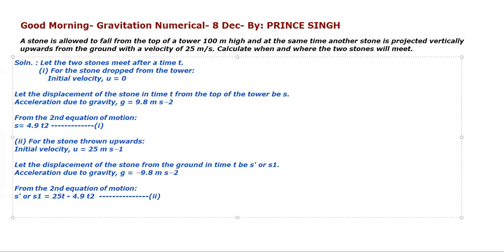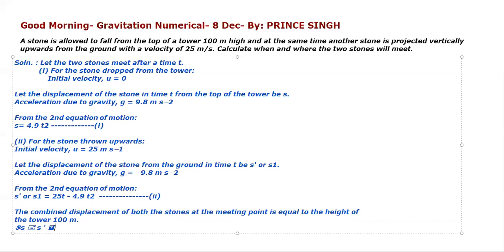After this, what will be the next procedure? The combined displacement, that means s plus s dash, of both stones meeting at a point is equal to the height of the tower.